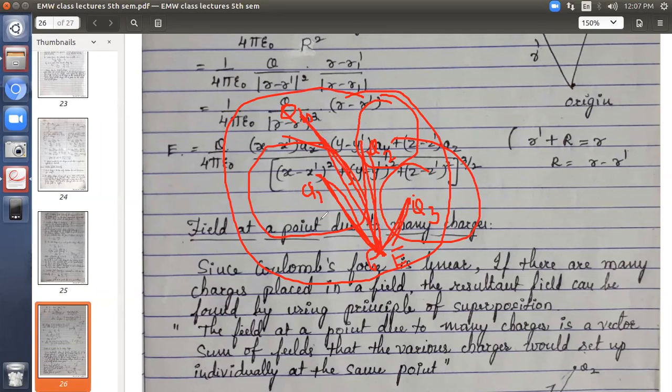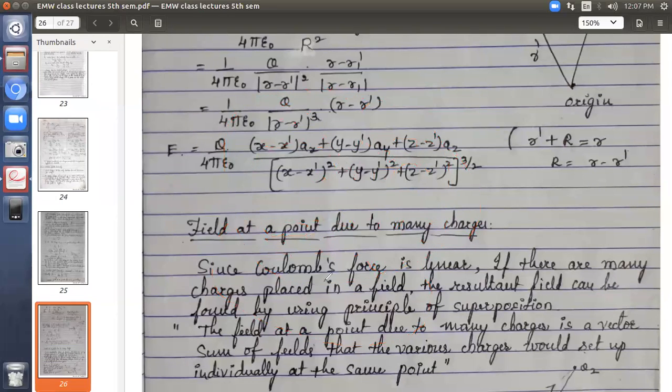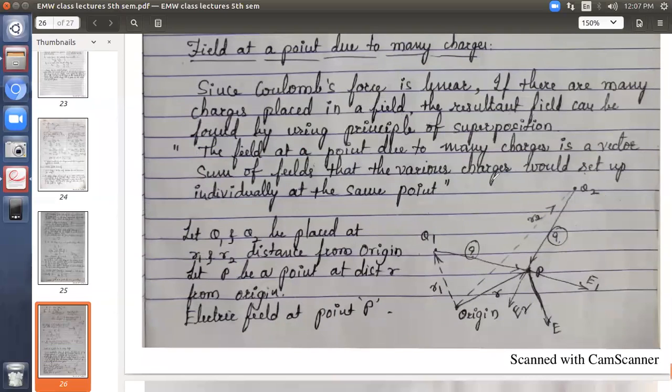Like that, I will calculate E1 due to Q1, E2 due to Q2, E3 due to Q3, and likewise the number of charges equals the number of fields. Then finally I will add all to get capital E. This is the concept.